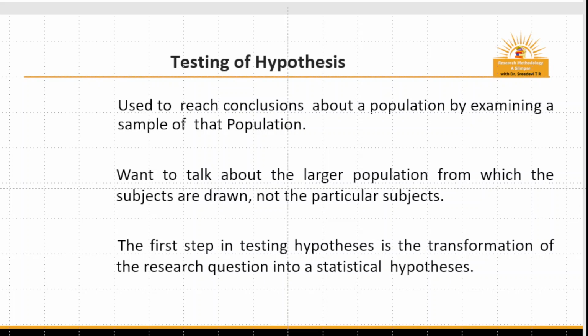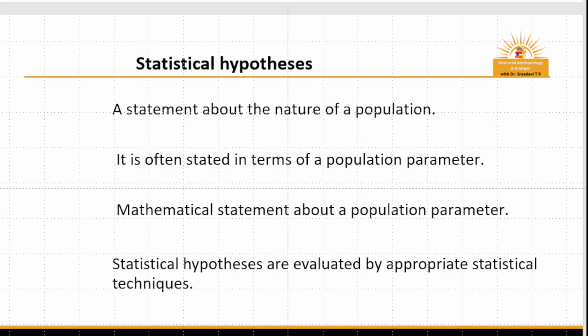Then what is a statistical hypothesis? A statistical hypothesis is a statement about the nature of a population. It is often stated in terms of a population parameter. That is, it's a mathematical statement about a population parameter and evaluated by an appropriate statistical technique.